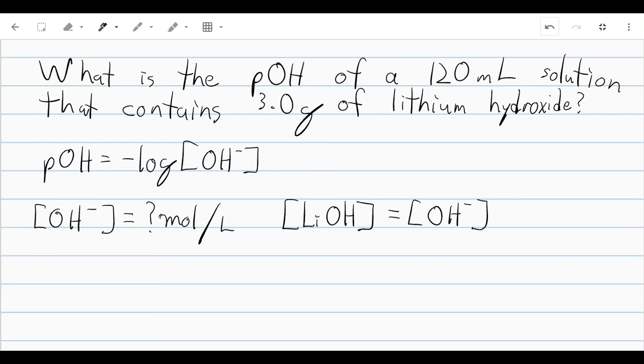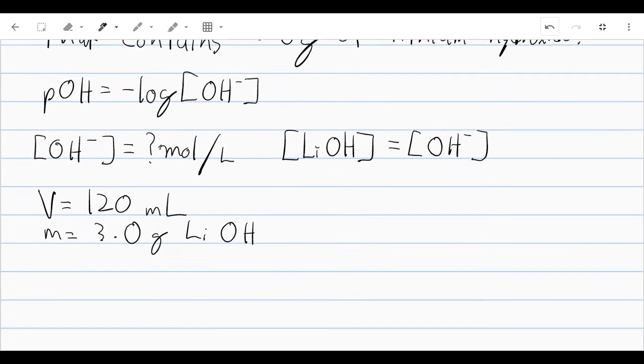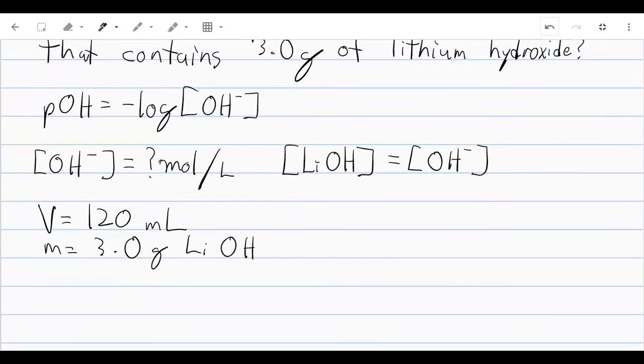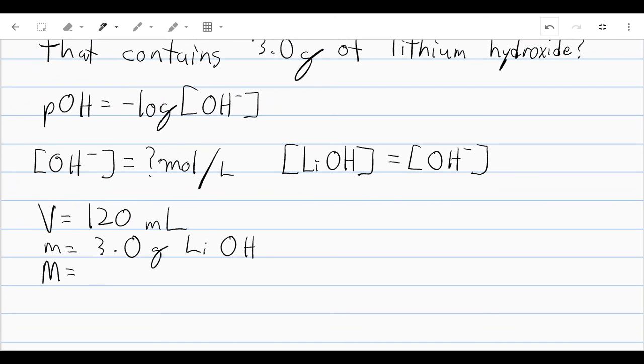We are told that the volume of this solution is 120 milliliters, that it contains a mass of 3 grams of lithium hydroxide, and we can calculate the molar mass of the lithium hydroxide from our periodic table as 23.95 grams per mole.